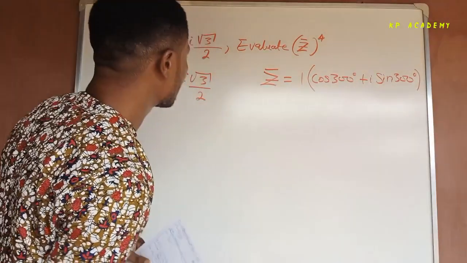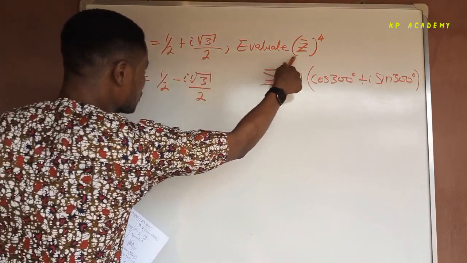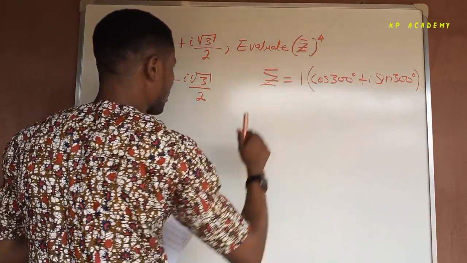Now don't forget that if z is equal to this, we are to evaluate z bar all raised to power 4.